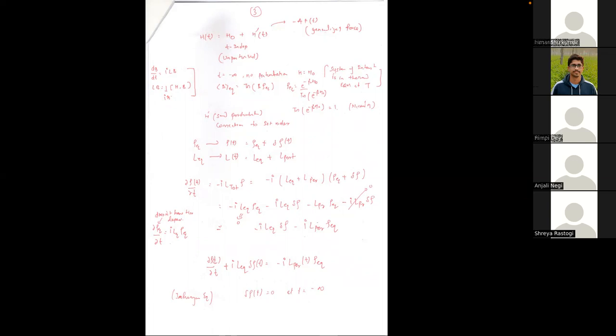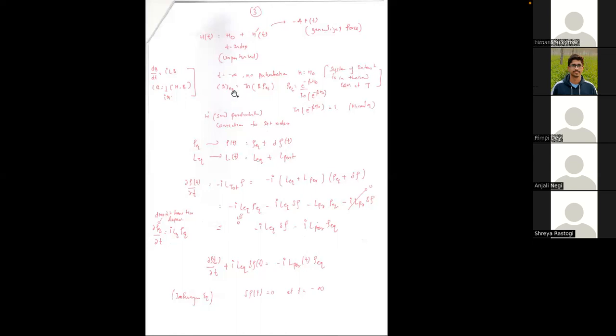We will apply this perturbation from t equal to minus infinity. At that time there is no perturbation, and the Hamiltonian is just H equal to H0, and the average of any quantity, suppose this B, is an observable.